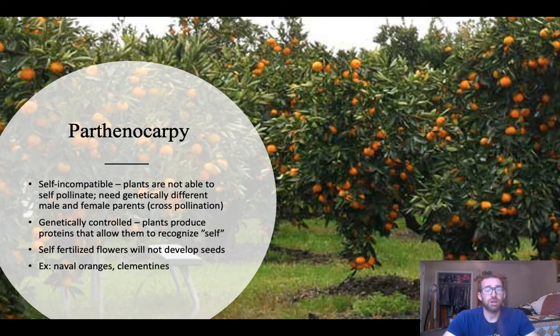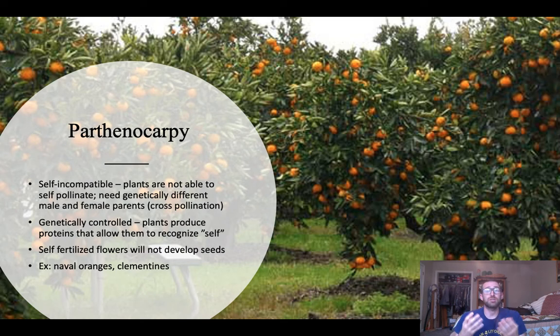So parthenocarpy is when a plant that is self-incompatible self-pollinates, right? So what is happening is these self-incompatible plants, they're not able to self-pollinate. There is a protein within the pollen that the plants can recognize as belonging to itself.